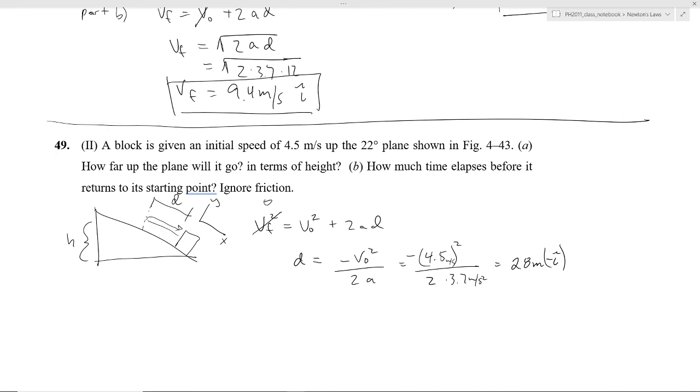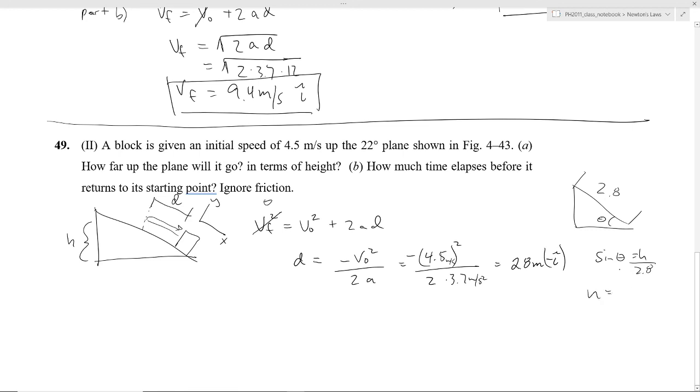So the other thing, it asks us, what is this in terms of height? So we could do a little trig exercise here. This is theta, and this is 2.8. Then we know that sine theta would be h over 2.8.